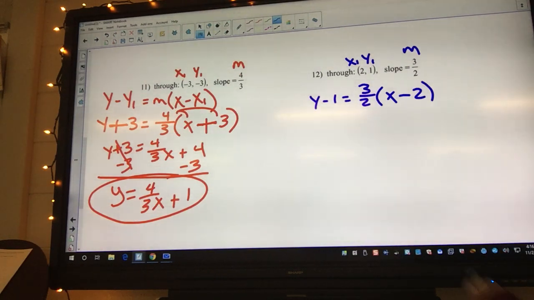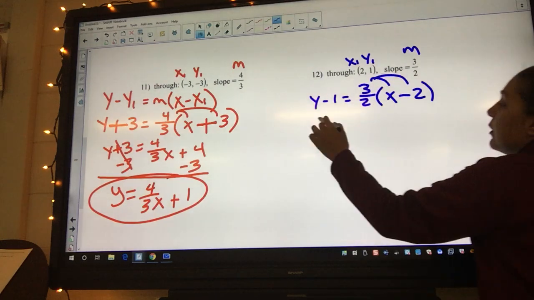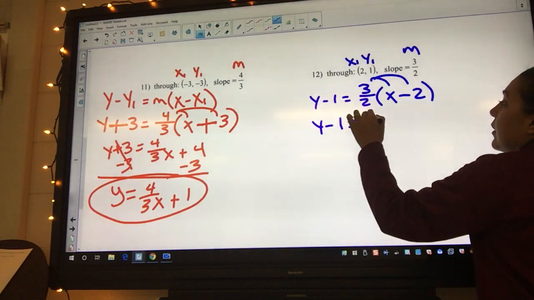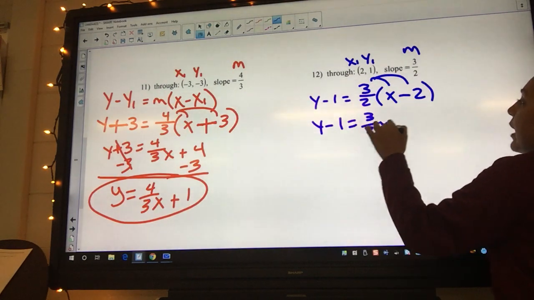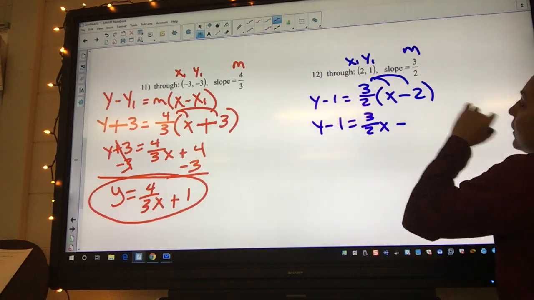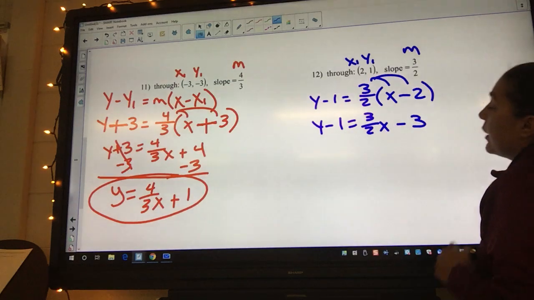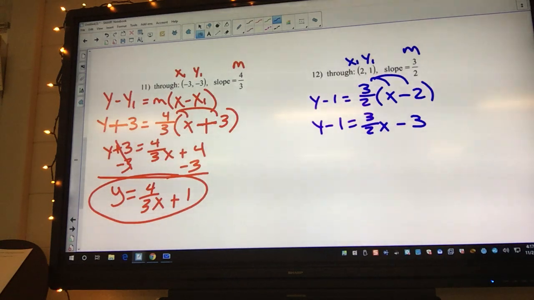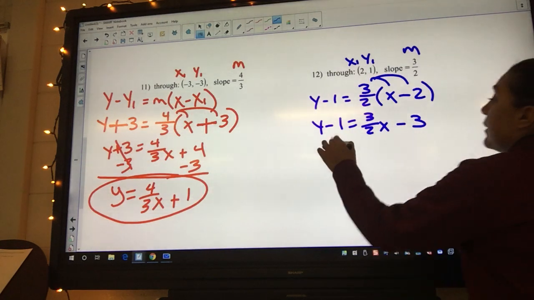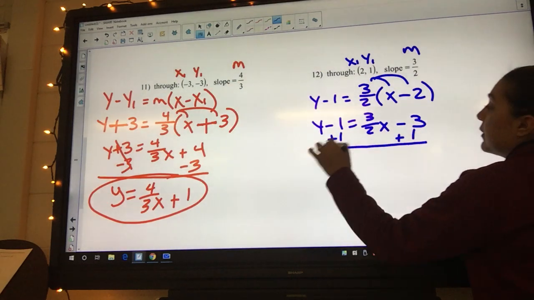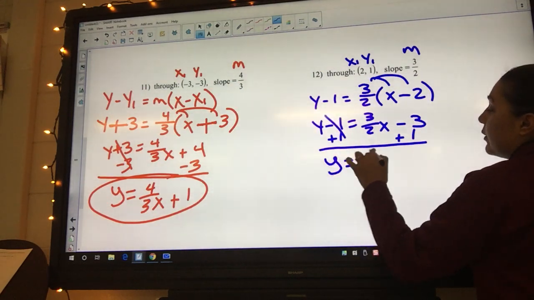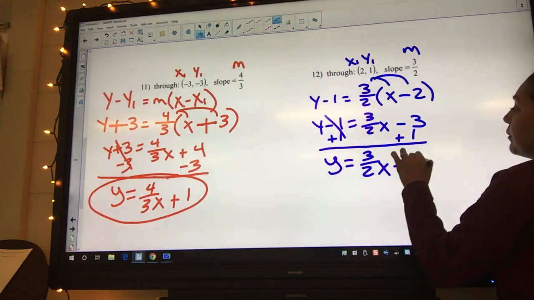I didn't write out the formula and everything. We're going to distribute. So I got y minus 1 equals 3 over 2 x minus 6, let's see, that's 3. Sorry, minus 3. And our very last step is to add 1 to both sides. So y equals 3 over 2 x minus 2.